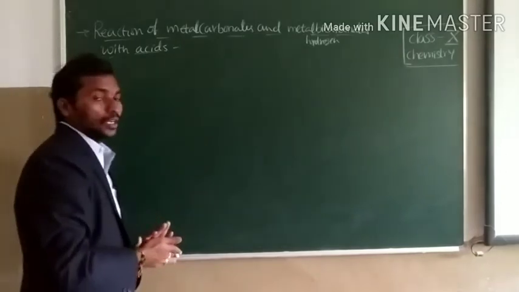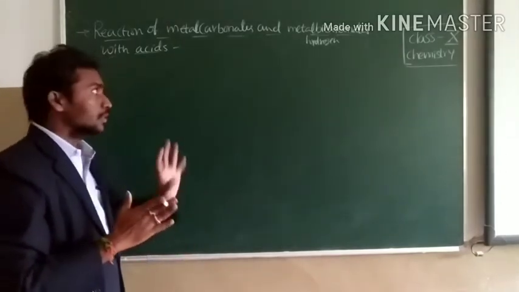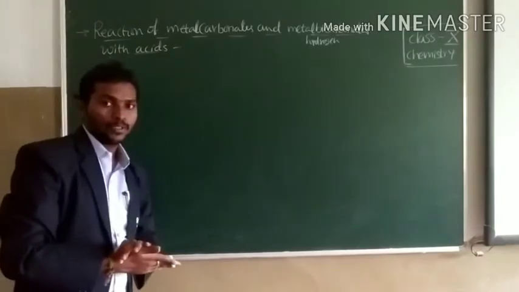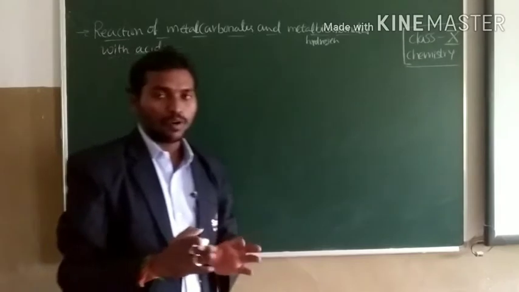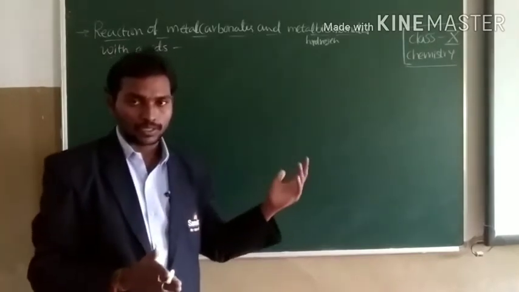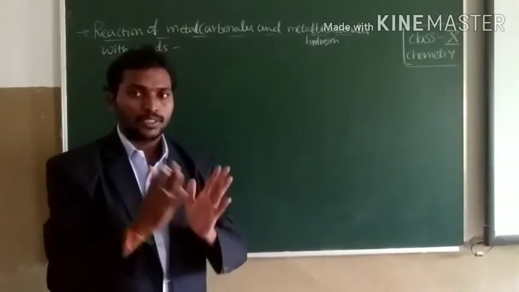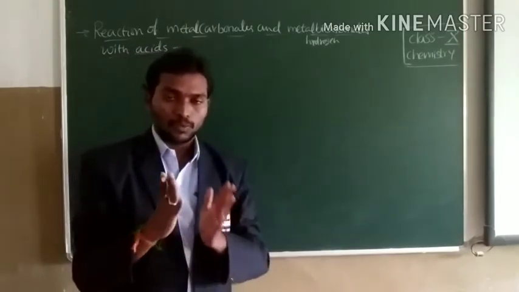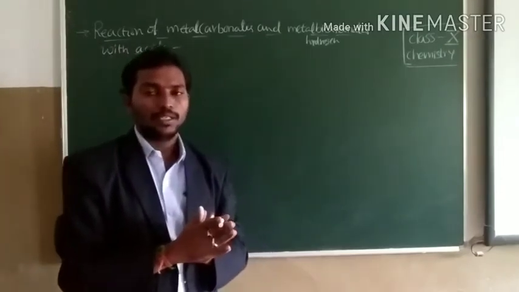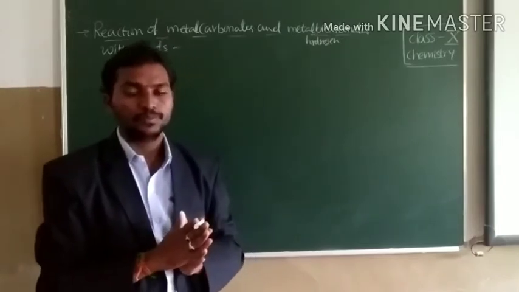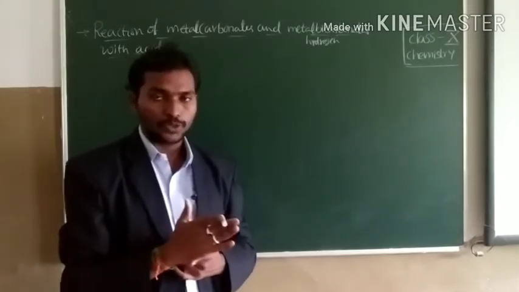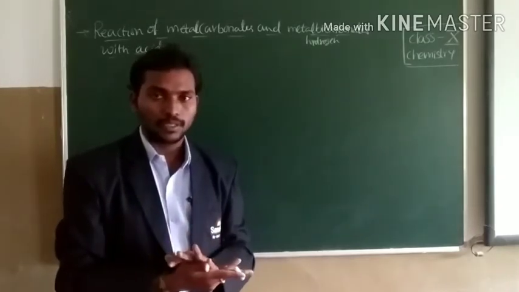Let us talk about the required materials for the reaction of metal carbonates and metal bicarbonates with acids. We want materials like a retort stand, which we saw in the last activity, a conical flask or boiling tube, a two-hole rubber cork, a thistle funnel, a delivery tube, and another boiling tube which contains freshly prepared lime water.